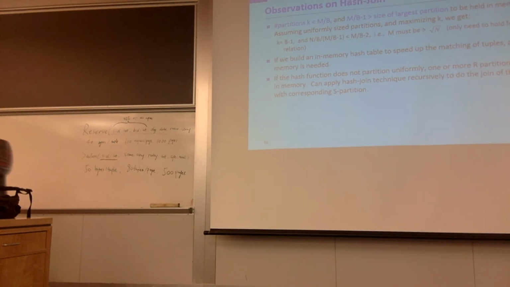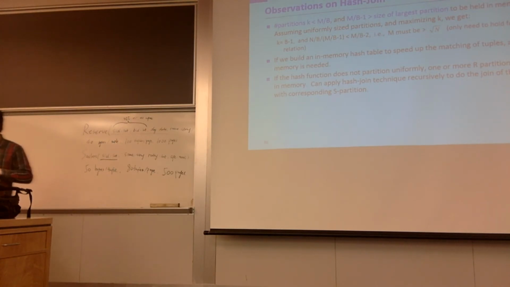Alright, let's do some analysis. Suppose your number of partitions k is smaller than m over b, and the size of the largest partition is smaller than m over b minus 1.